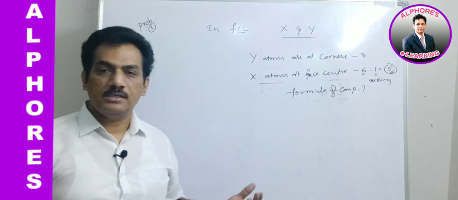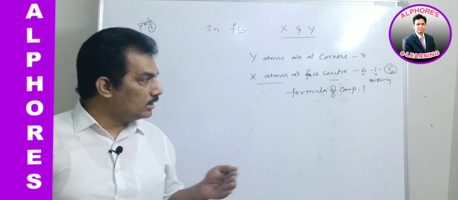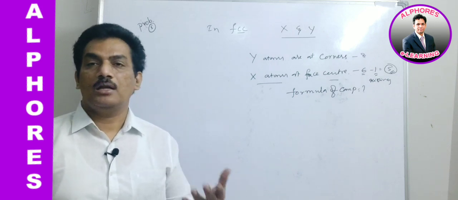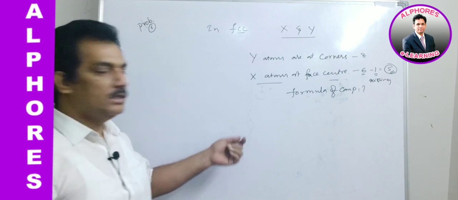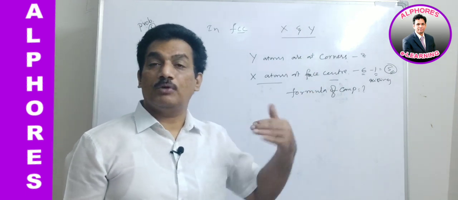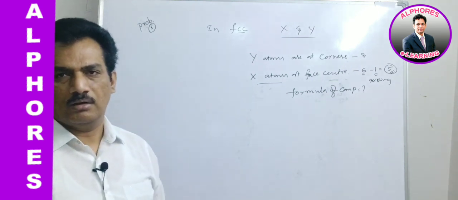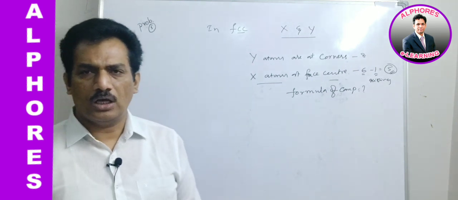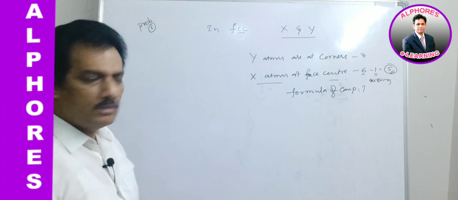Just in previous case, they are asking to assume that one of the corner is missing, but here in this case, by providing the data, they are asking to assume that one of the face center is missing. I think now you know how to solve the question. Can you solve it?